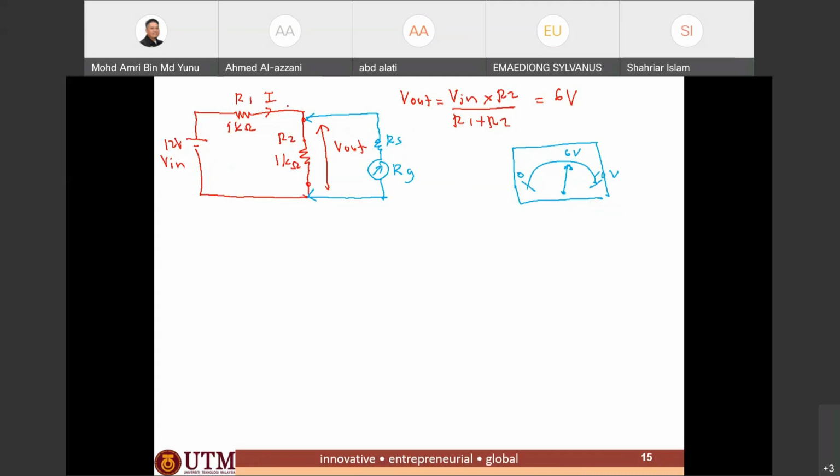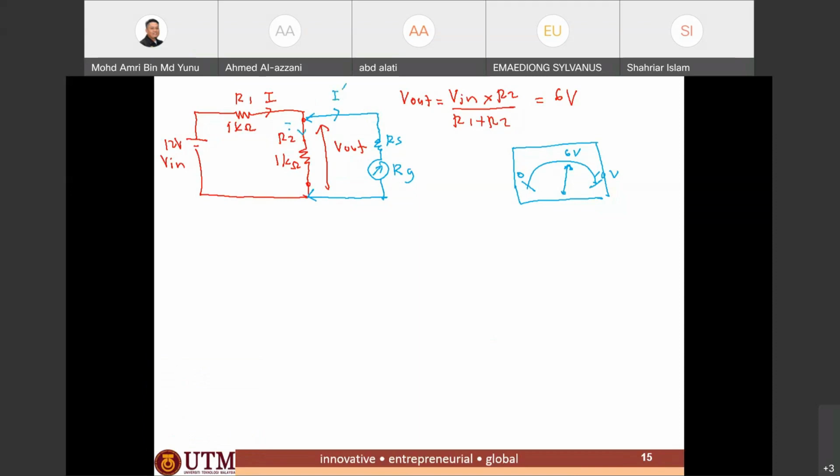So I will flow through the circuit. But when we put a galvanometer or a voltmeter, the voltmeter will take some current here, which we call I prime.